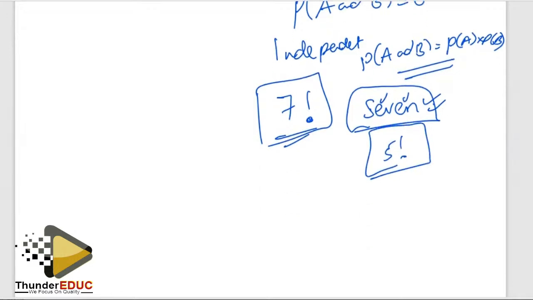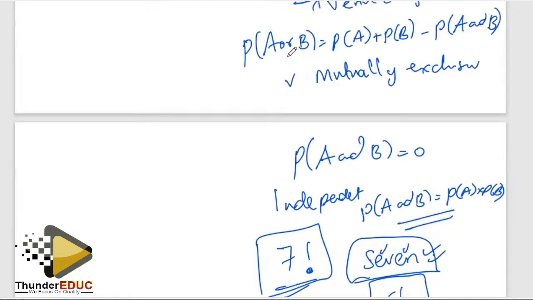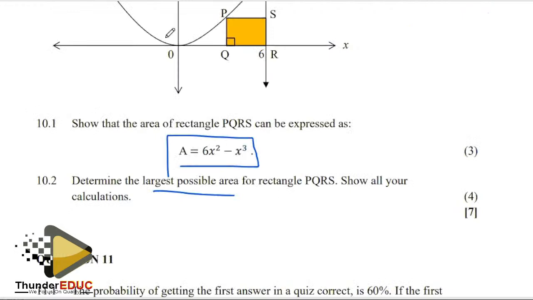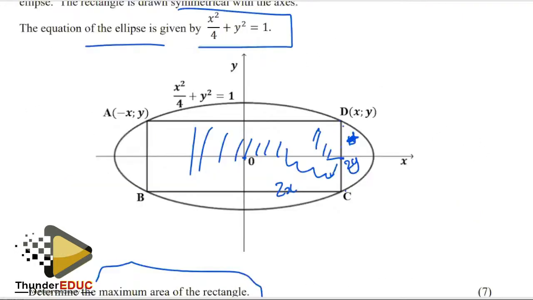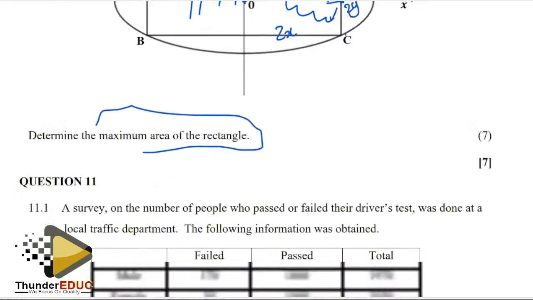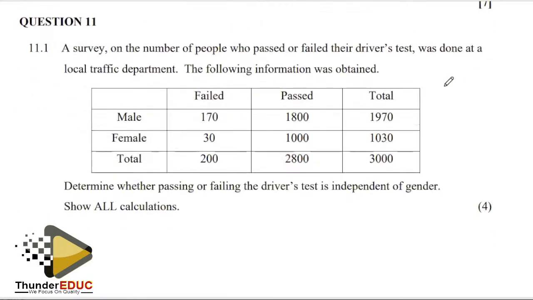Then how you get the probabilities, we need to go over that as well. So when I quickly have a look at this one, okay, in a survey, they're using a table where you have two options, male and female, and failed and passed.